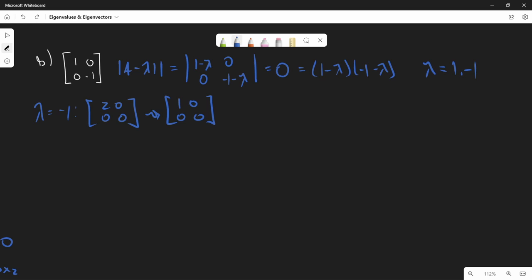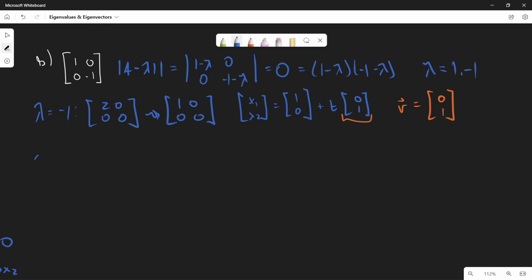So that means our solution will be x1, x2 equal to 1, 0 plus t times 0, 1. And so our eigenvector will just be what's in the nullity, which is our kernel. In this case, it will be 0, 1.